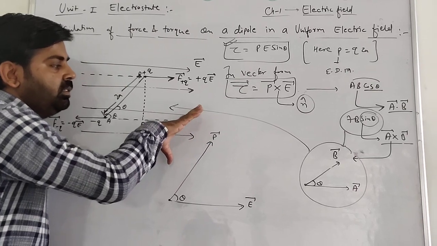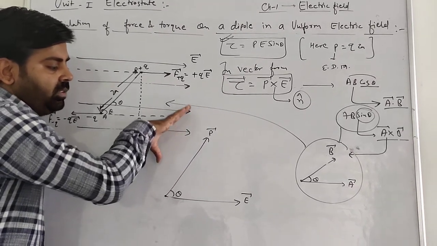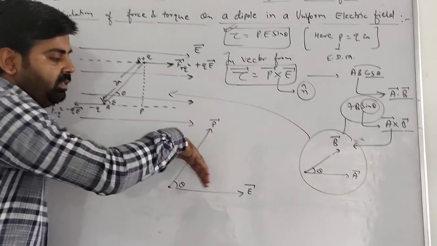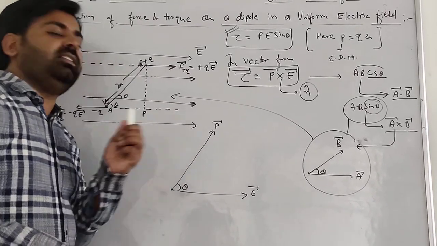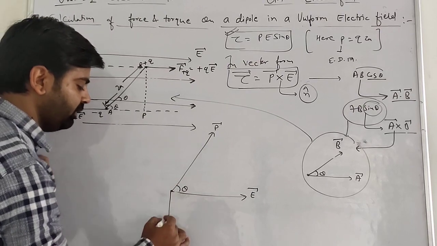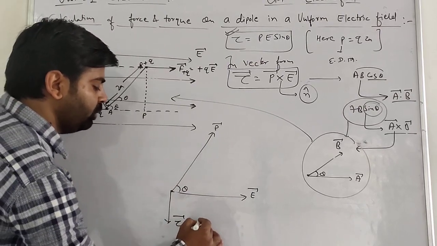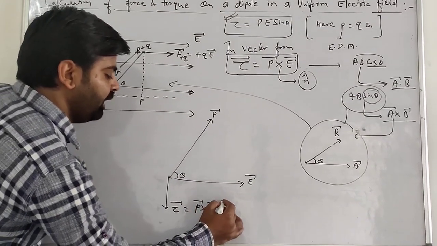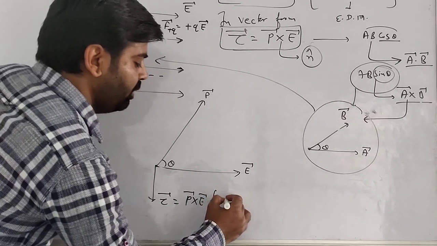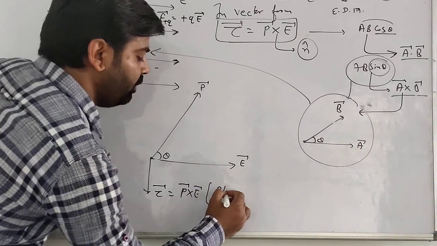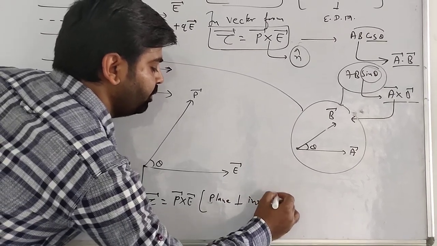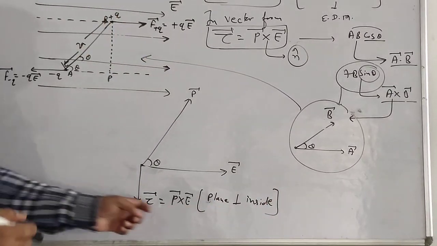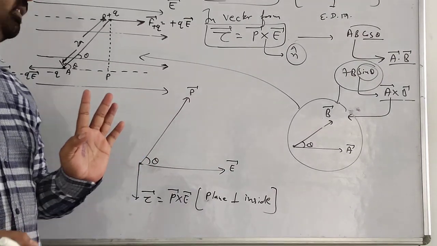Now we rotate our fingers around the second vector in this way. So the thumb direction is plane perpendicular inside. So the torque vector is equal to P vector cross E vector, and its direction is plane perpendicular inside.